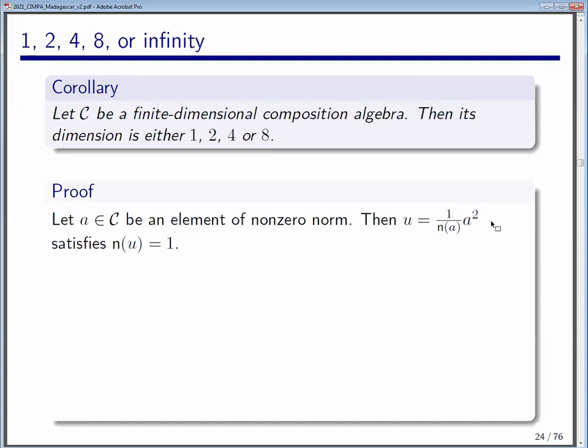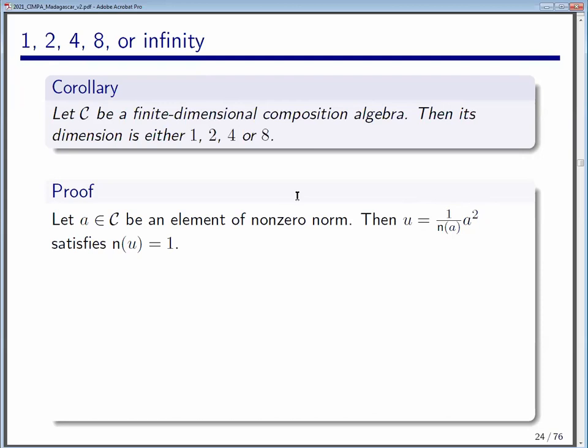Okay? When you take the norm of u, since the norm is quadratic, this scalar comes out squared. So we get 1 over the square of the norm of a times the square of the norm of a. So this element has norm 1.